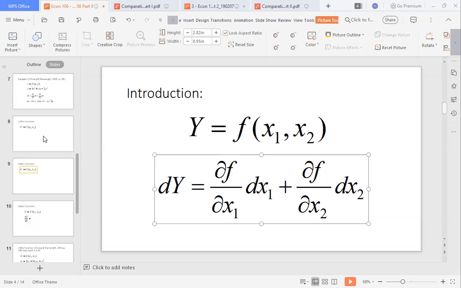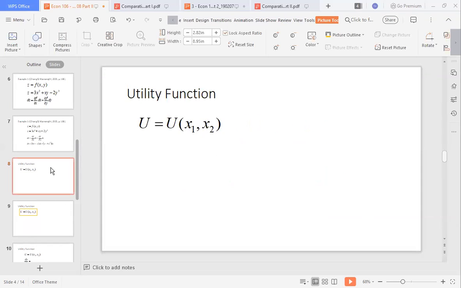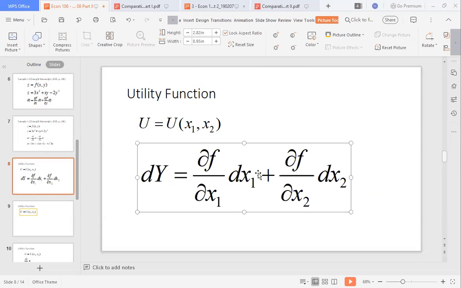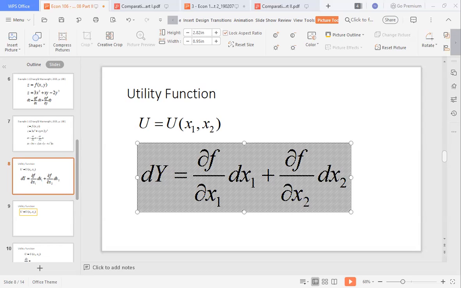Getting the total differential of u here, or the total utility that we get from changing any of these variables, would be equal to this one. Okay, so I'll just write this one down. So du, is that x sub 1? Okay, that's x sub 1.